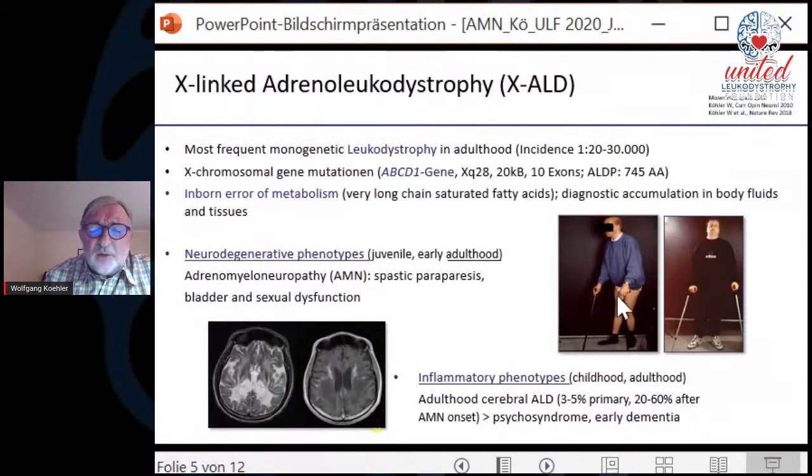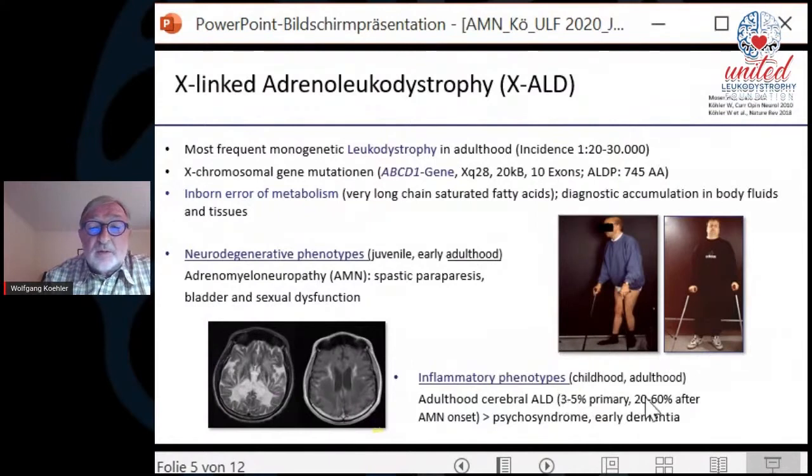Well, where's it used? You already heard a lot about X-linked adrenoleukodystrophy, and of course, most people in adulthood have the myelopathic form, which is the AMN, but up to 5% primary in adulthood develop a very similar disease like you usually see in childhood disease, which is called adulthood cerebral ALD.